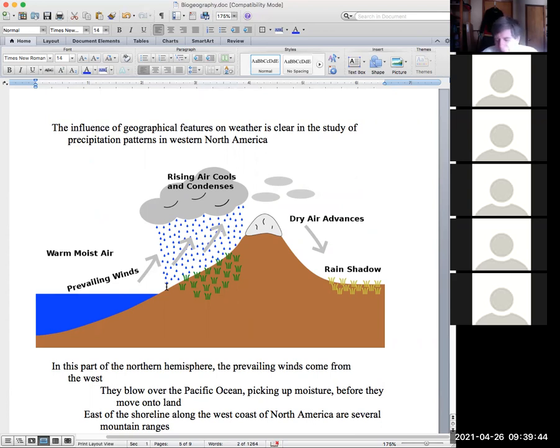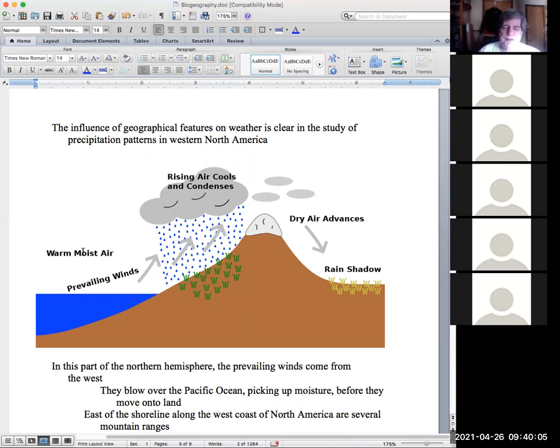They're sometimes collectively grouped together and called the coastal ranges. But in South America, they're the Andes, there's the Sierra Nevadas. They have different names in different places.